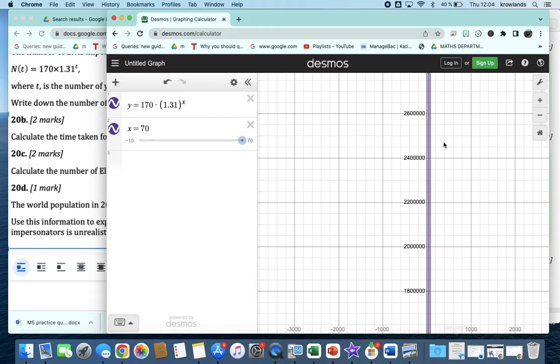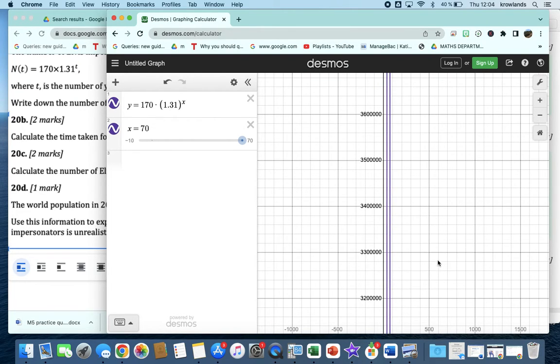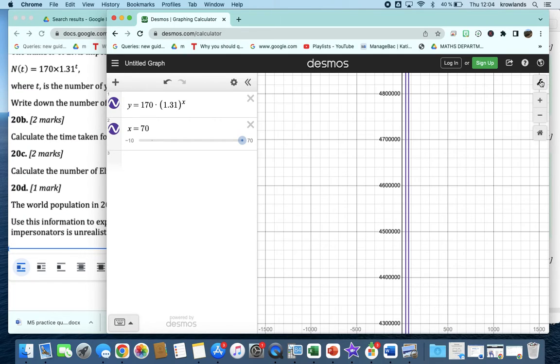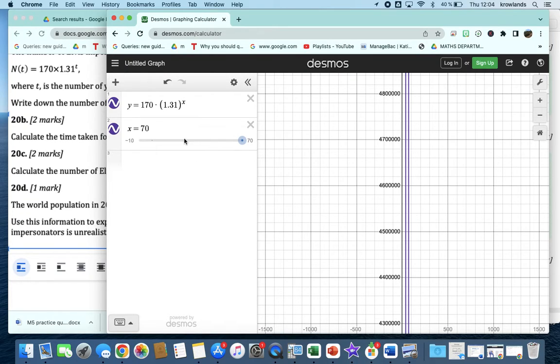And you can see it keeps going for a very long time. So you'd have to keep scrolling up this graph or changing the window. Let's change this to 100,000, see if this is any better. Or 1 million. We're not quite getting there with this answer. So you can see that this is a bit of a difficult way to do this question.